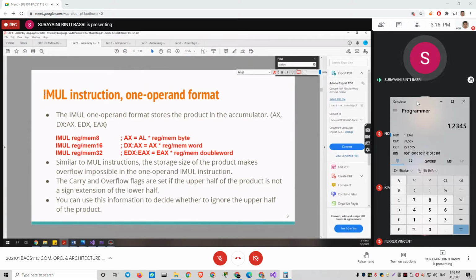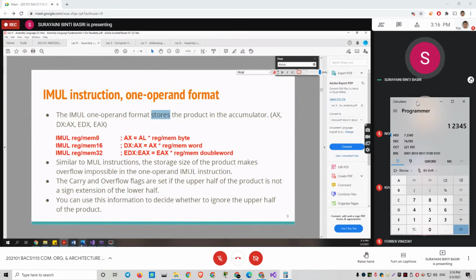So this is not the example. This is more on details about IMAL. So this is IMAL of one operand format, which stores the product in the accumulator, which is AX, DX:AX, and then EDX:EAX.